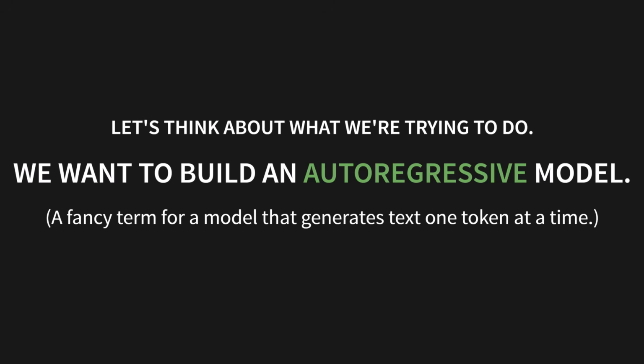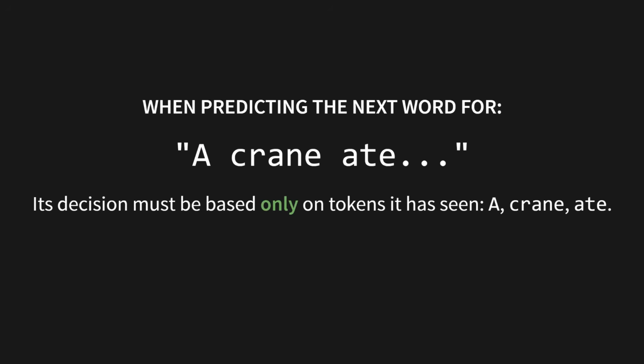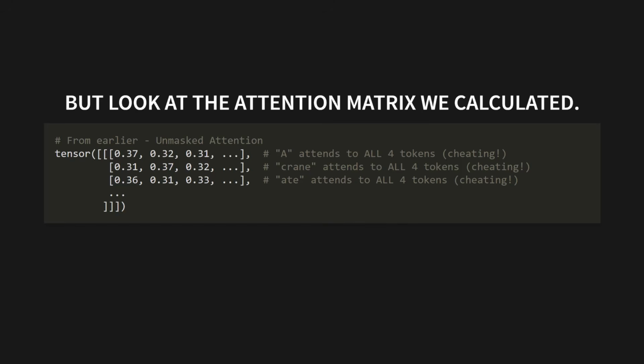When predicting the next word for "a crane ate", its decision must be based only on tokens it has already seen: "a crane ate". It cannot be allowed to see the actual answer, "fish". But look at the attention matrix we calculated. Check this out.